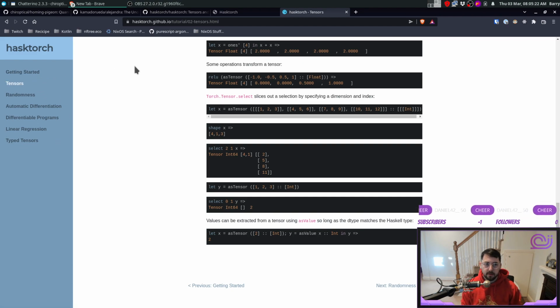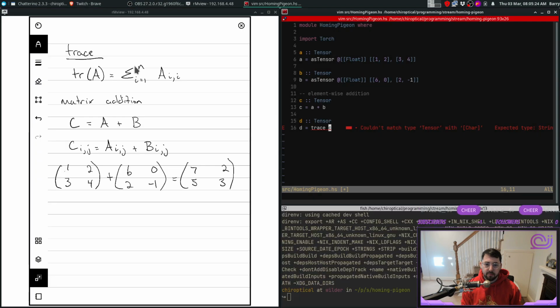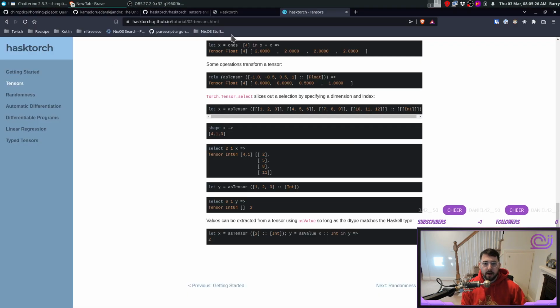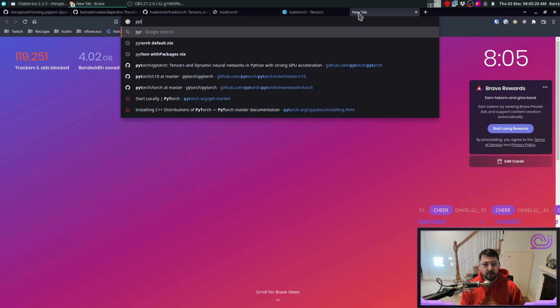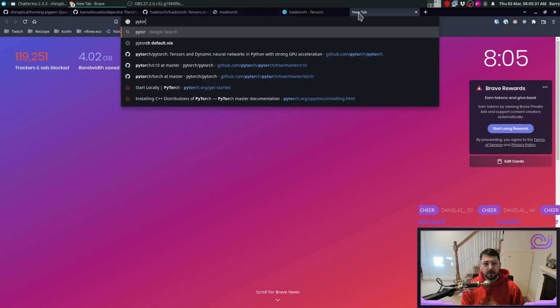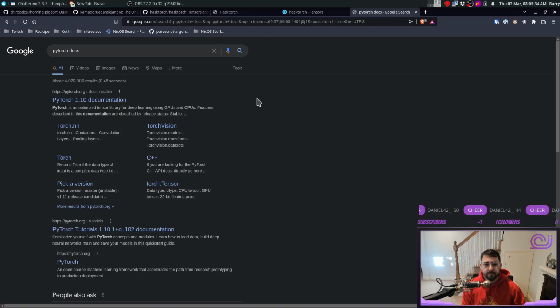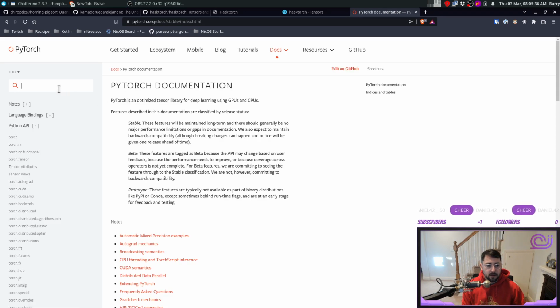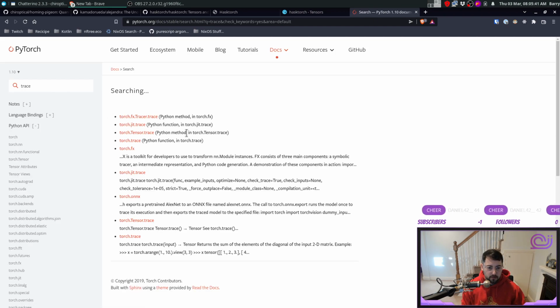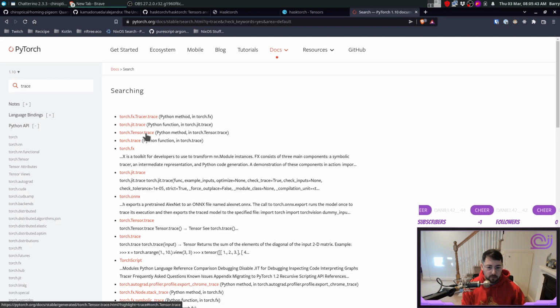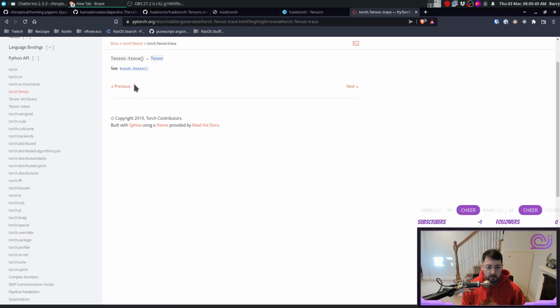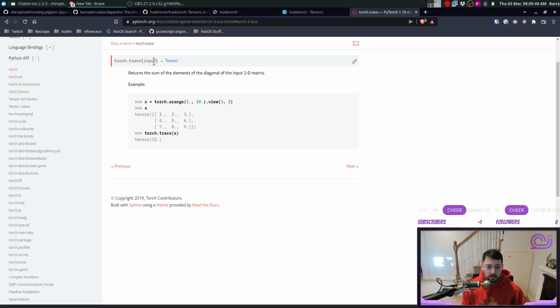So one thing that is going to be a problem here is I probably could just use PyTorch's documentation. PyTorch docs. And then we'll just look for trace. Oh, well, okay. So this just comes from Torch.